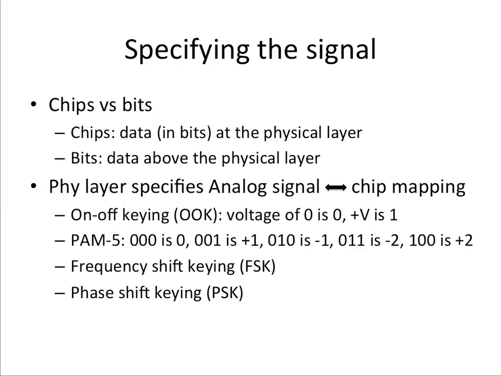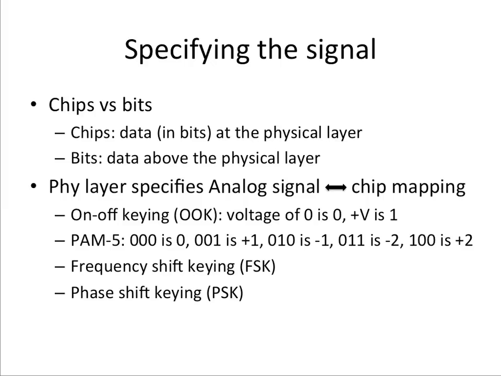I'll give you a concrete example in a few seconds. And based on the chips on the physical layer that were received, we can interpret that as bits of information, which is what we provide to the link layer. So that's bits of information.